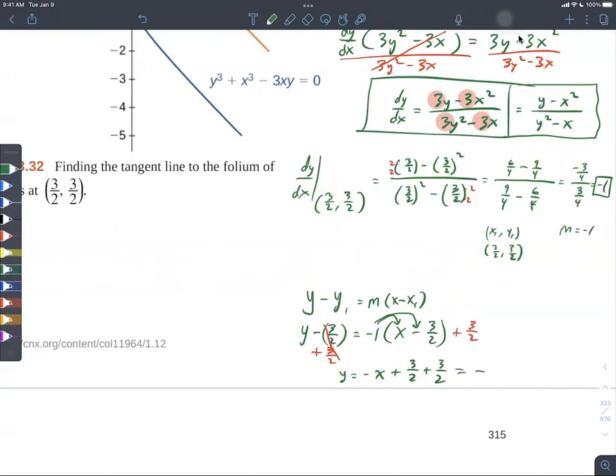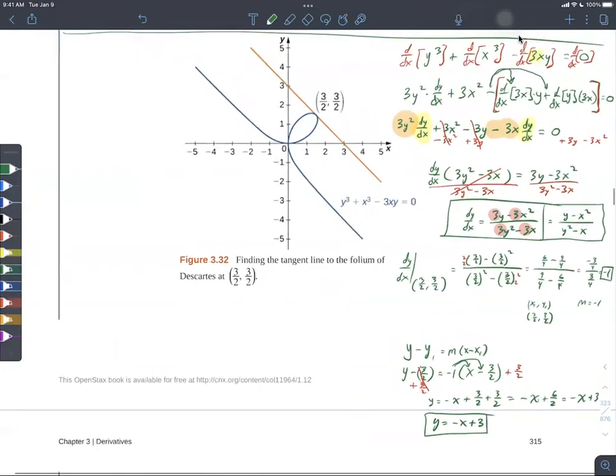And we can write this as -x plus 6/2. And 6/2 we know is just 3. So this is -x plus 3, or y equals -x plus 3. Okay, and that's our answer.